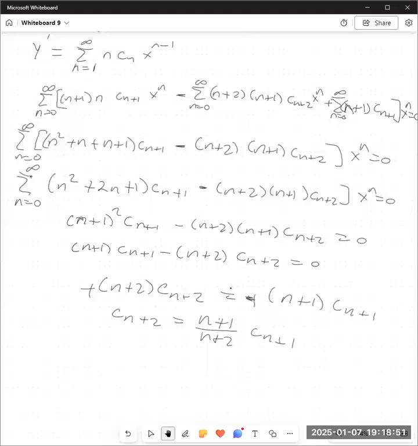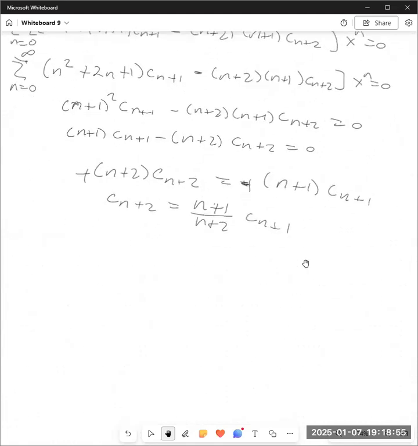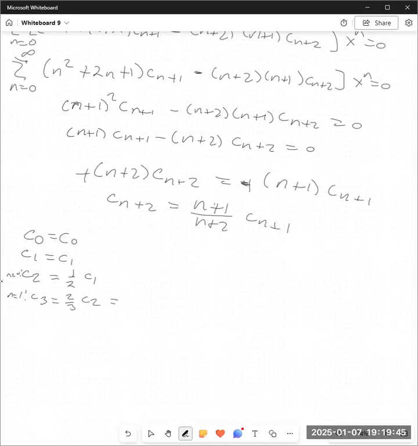All right. So that gives me c_0 equals c_0, c_1 equals c_1, then c_2 is going to be, when n equals 0, 1/2 c_1. n equals 1, c_3 is 2/3 c_2, which is 1/3 c_1.